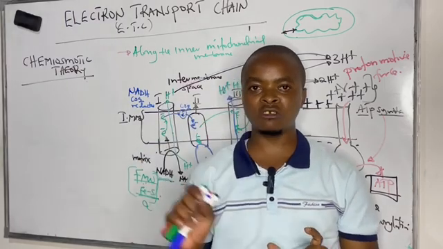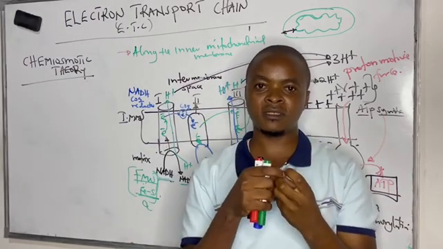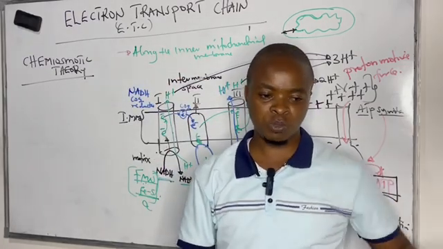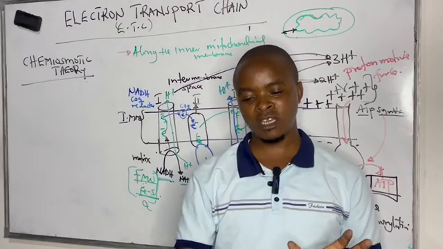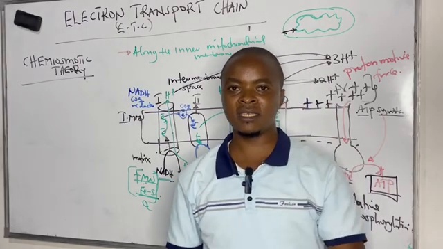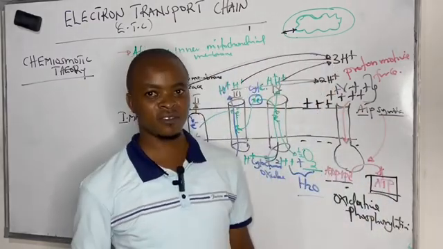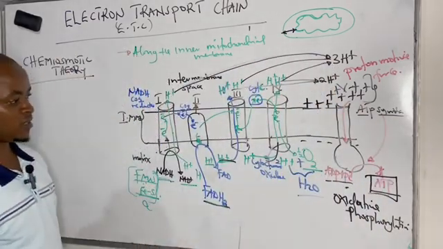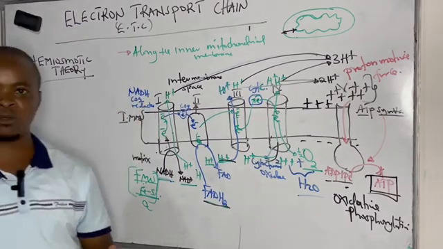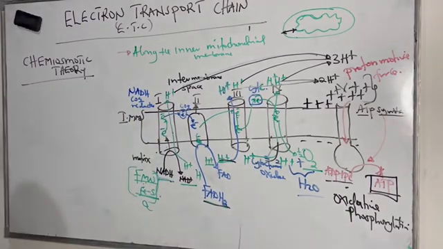So the accumulation of these protons creates a proton motive force that, when the protons come back inside via ATP synthase, spins the ATP synthase, leading to the combination of ADP plus inorganic phosphate forming ATP. And that process is what we call oxidative phosphorylation. So that is the electron transport chain explained by the chemiosmotic theory.